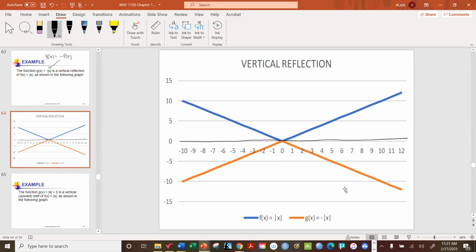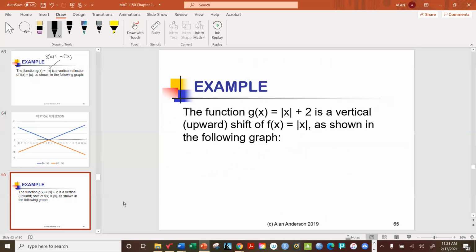All right, let's look at one more example of this. We're going to do a vertical shift. We're going to have the original absolute value function plus 2. So that, of course, means, remember, that we're just going to have an upward shift. If we change this from f of x equals absolute x to absolute x plus 2, that should indicate that the whole thing will shift up by 2.